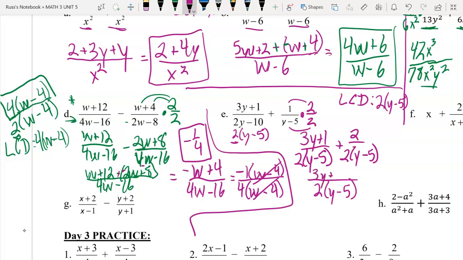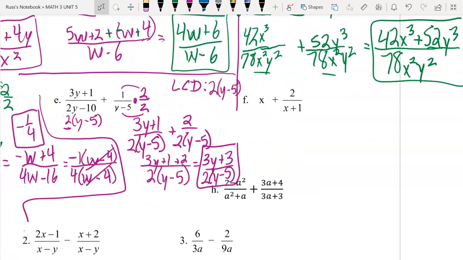I get 3y plus 1 plus 2, which is just 3y plus 3 over 2 times y minus 5. Now you can factor there. You could pull a 3 out of the numerator, but nothing else will reduce. So I'm going to stop there. Okay.